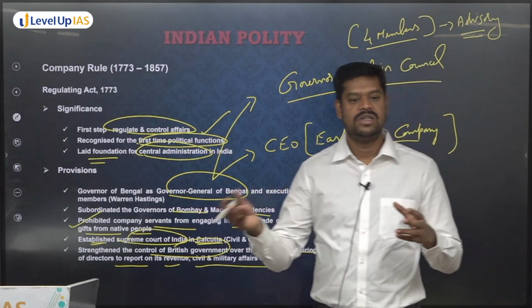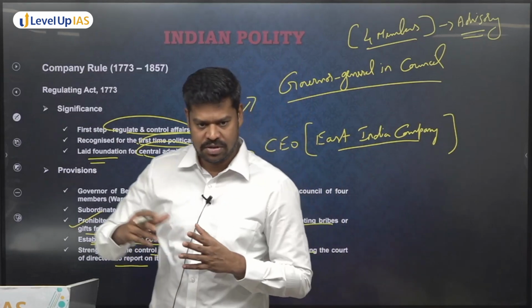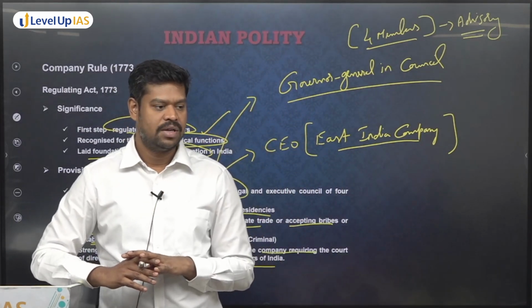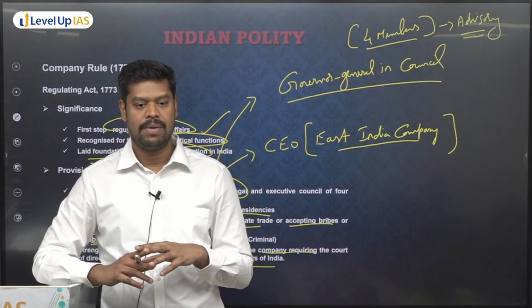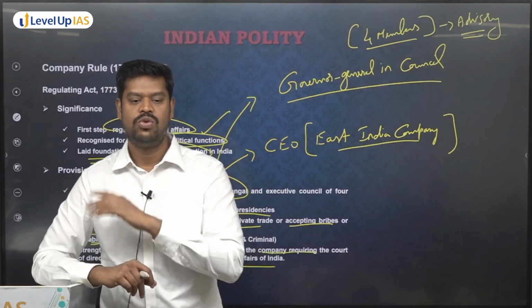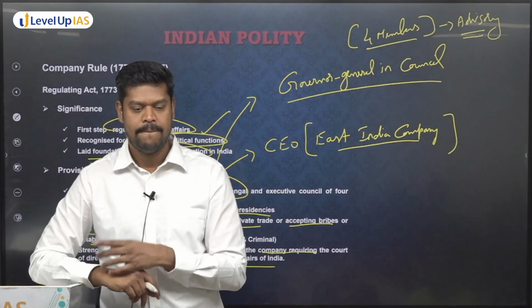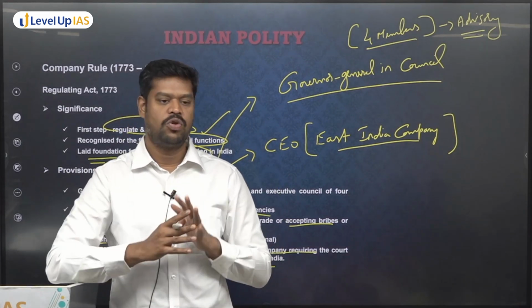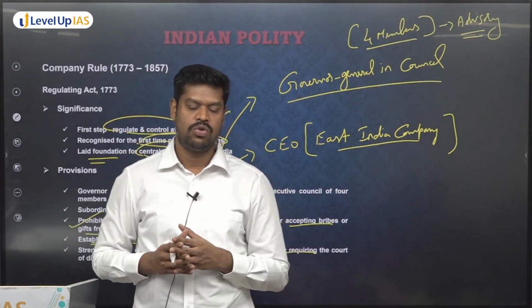The company officials were also brought within the jurisdiction of the Supreme Court, but the Governor General in Council was not happy with the Supreme Court having jurisdiction over the company officials with regard to official acts. Because with regard to official acts, who had control over the company officials earlier? The Governor General in Council. Now the Supreme Court had intervened, so there was a conflict with regard to this.